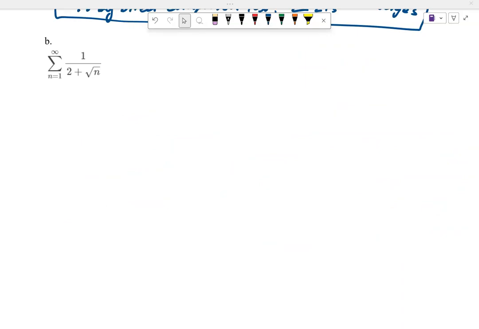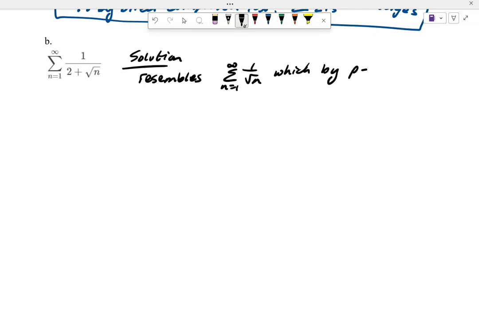Let's take a look at this next one here. We're also going to use a direct comparison to something a little simpler. Notice this resembles something that we could use the p-series with. So this resembles, let's just do 1 over the square root of n, which by the p-series test is 1/n to the 1/2, right?